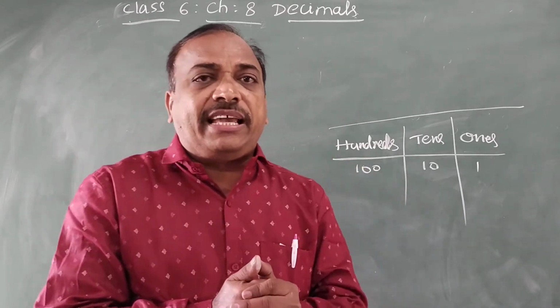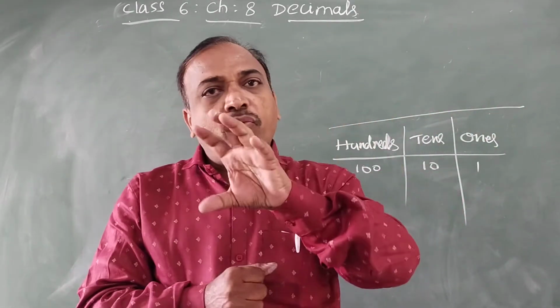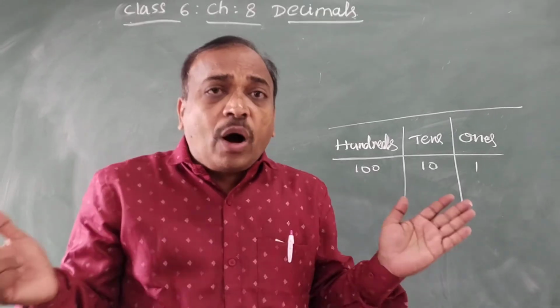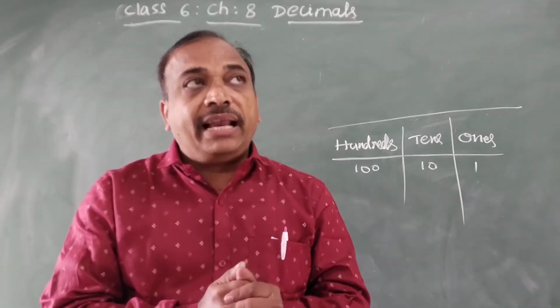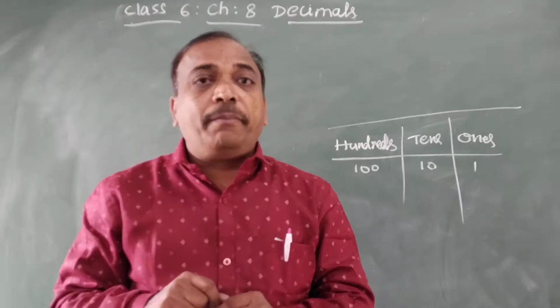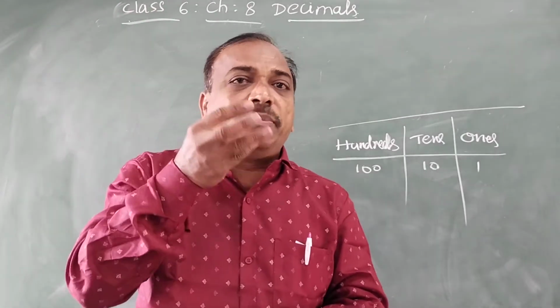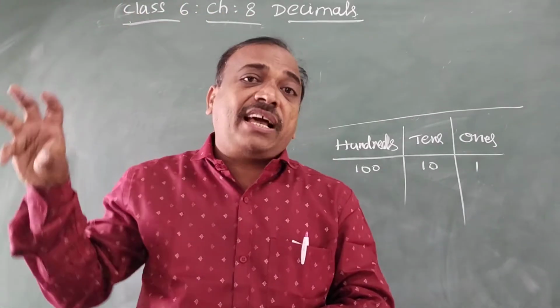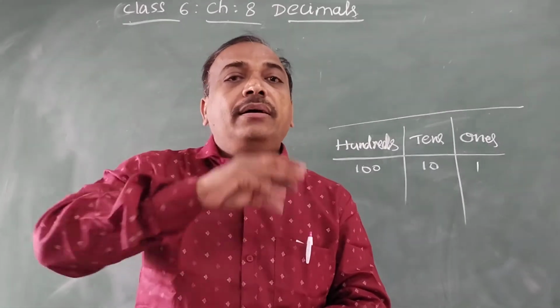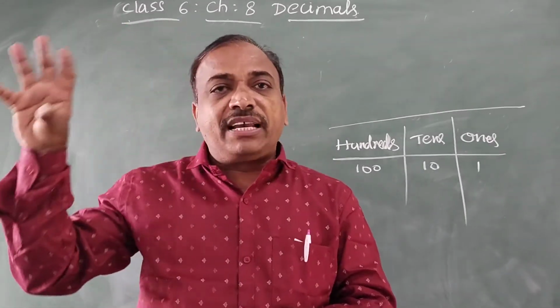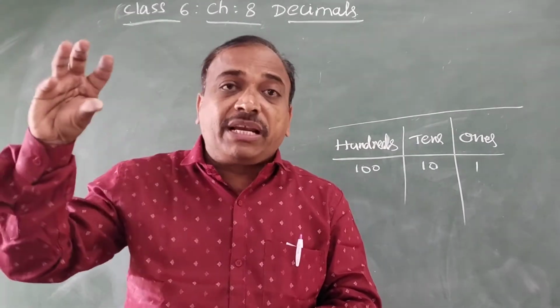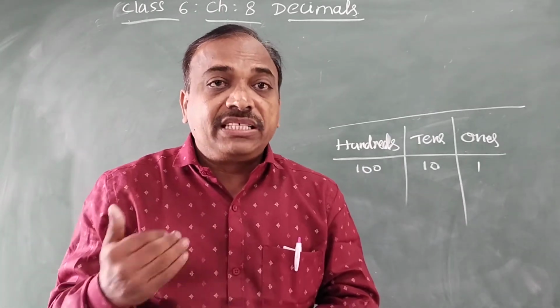Both are currency, one in rupees, one in paise. Then how to write them together? Then the question has come. So by using the decimal concept, the conversion has started. All paise and rupees will be converted into rupees, and the decimal concept is introduced.